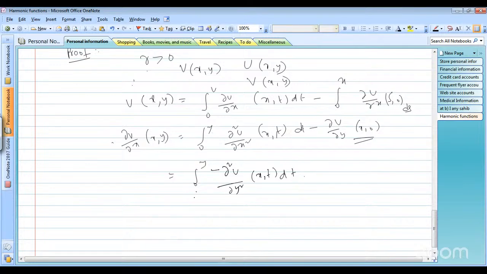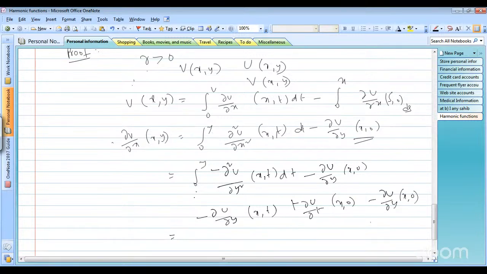So the second derivative, and minus ∂u/∂y(x, t) evaluated between the limits. After simplification and substituting, plus ∂u/∂y(x, 0) minus ∂u/∂y(x, 0), therefore after simplification we get minus ∂u/∂y(x, y).